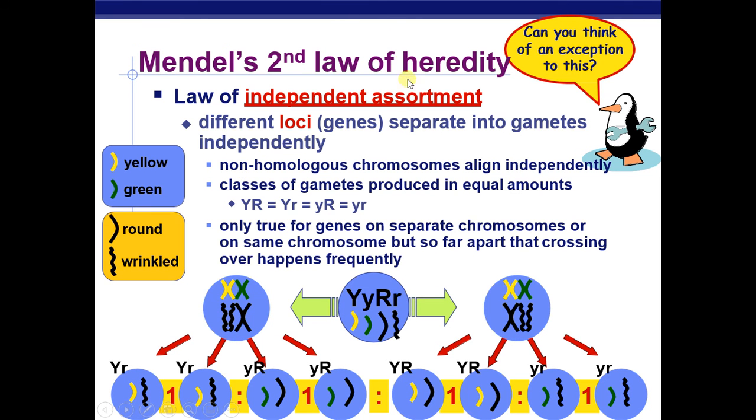So that is his law of independent assortment. Each of the different alleles for each of the different chromosomes is able to independently assort. The probability of getting one allele does not rest on the outcome of whether you got a different allele or not.